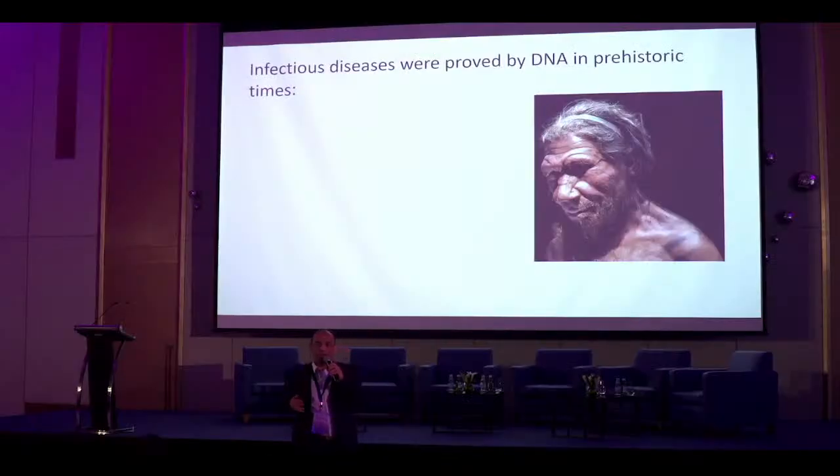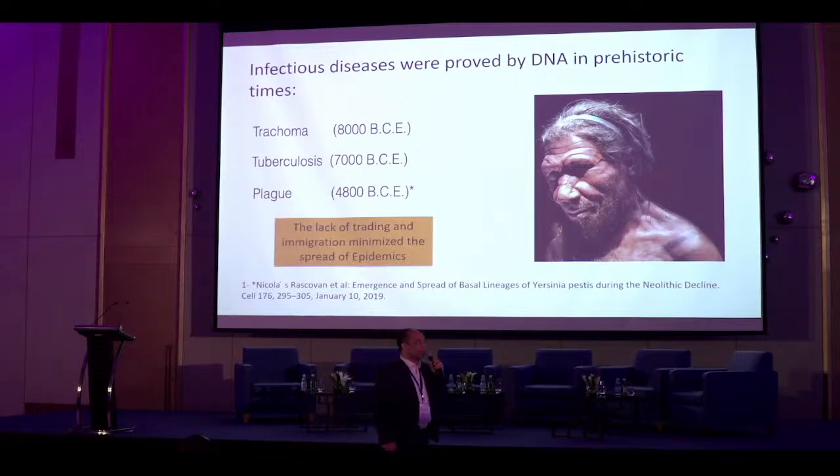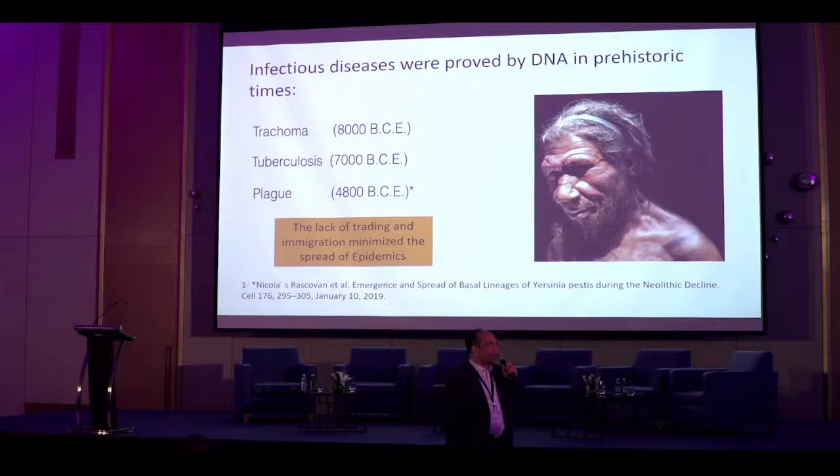But did human beings know viruses, bacteria, and other infectious agents in ancient times? Yes, this happened also. Through paleopathology, we could detect trachoma in some dead bodies dated to 8000 BC, tuberculosis in 7000 BC, and plague in 4800 BC.